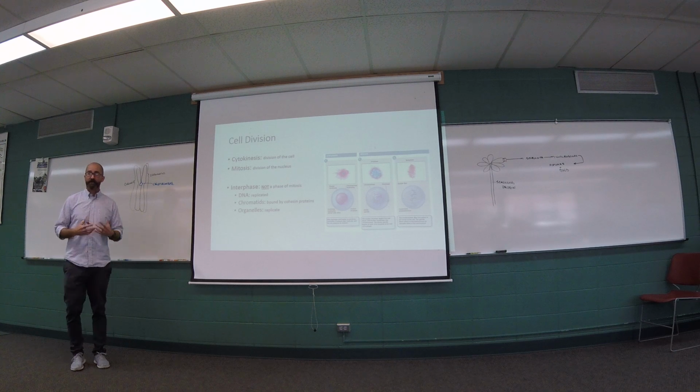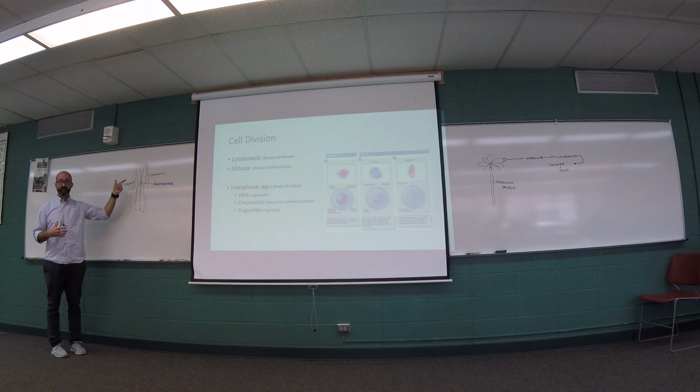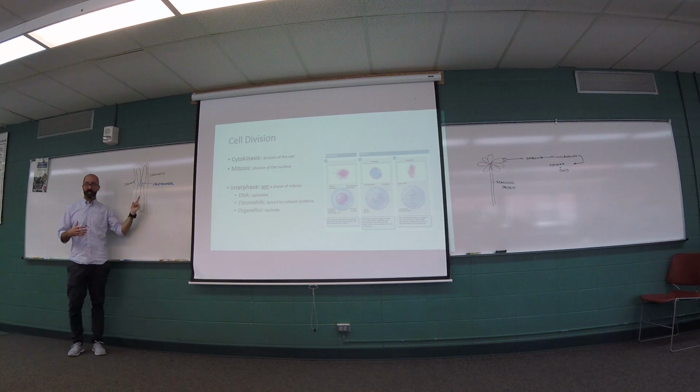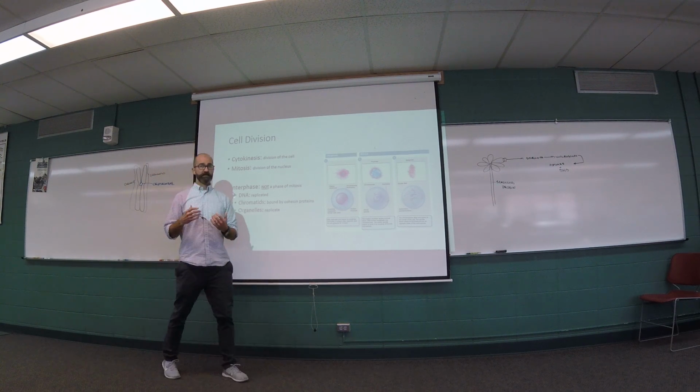So when you have a chromosome that consists of two sister chromatids, those sister chromatids actually have a physical attachment. They're attached by a little protein called a cohesin. Cohesins ought to be thought of as like a zipper. That's really what they function as.